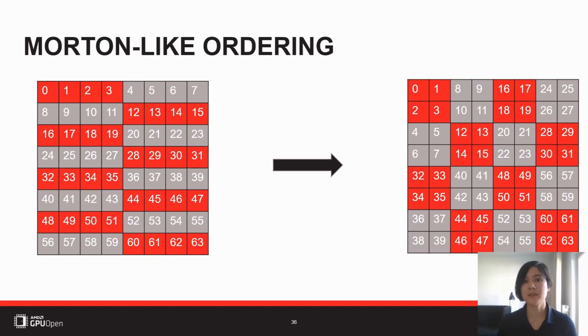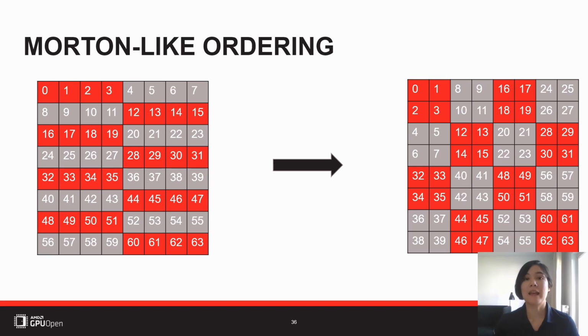Which means for us that if we have our thread indices in row major layout, we want to transform them to be laid out in a standard swizzle layout, which is this 2 by 2 quad swizzle layout. You don't need exactly the same layout, but the important thing is that we have these 2 by 2 quad patterns.